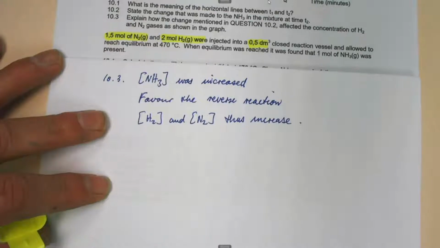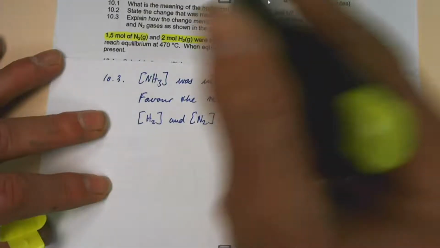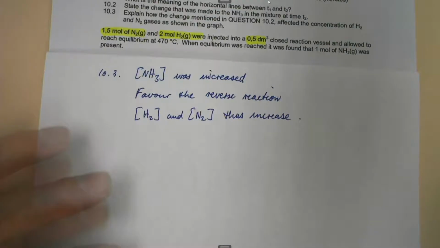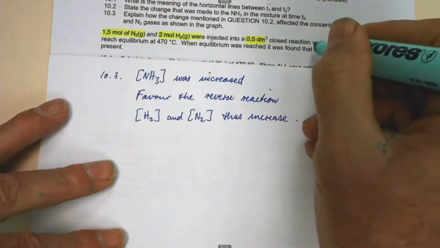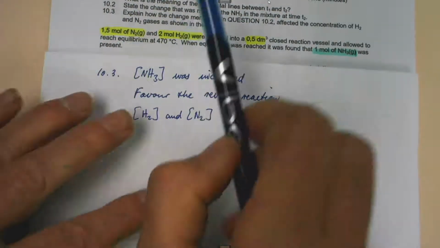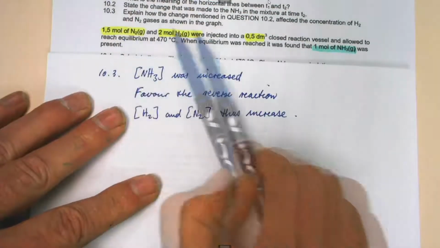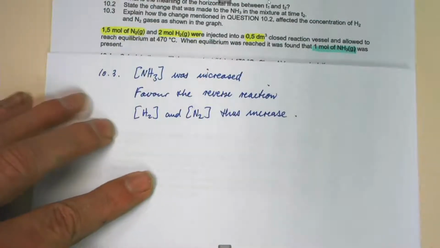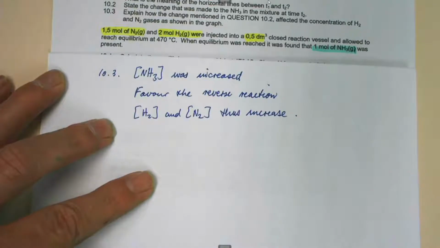And then equilibrium was reached at 470 degrees. When equilibrium was reached, I found that there was 1 mole of NH3 in the container. So that is after some of this reacted and formed NH3, the number of moles present after equilibrium was reached.